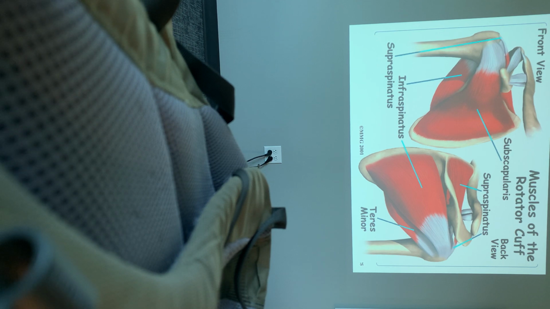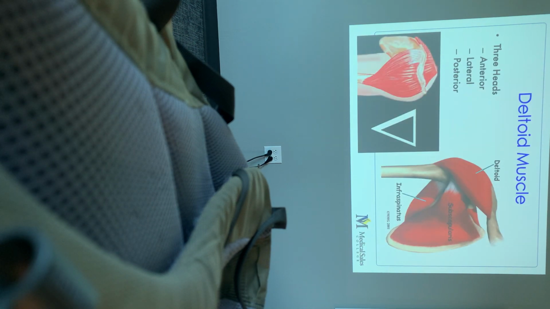But when you start to lose your external, internal, some of your abduction and adduction because of your rotator cuff, it's very impactful. And we know that the deltoid is the big boy. It's the biggest muscle in the shoulder. And when we're going to a reverse shoulder, we rely on the deltoid a lot, don't we?